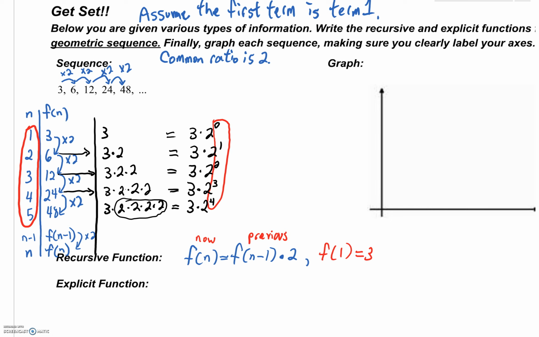You can see with term 1, we would have 0 2's multiplied, or we'd have a power of 0. With term number 2, we'd have a 1. With term 3, we'd have a 2. So in other words, what we're seeing is the exponent is 1 less than the term number.